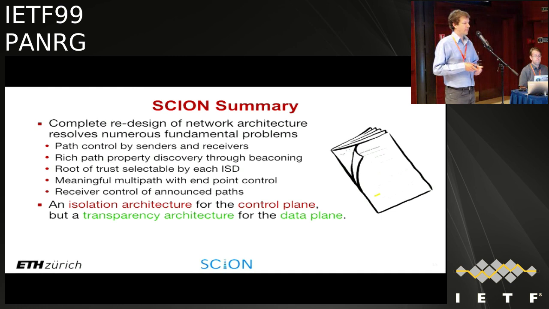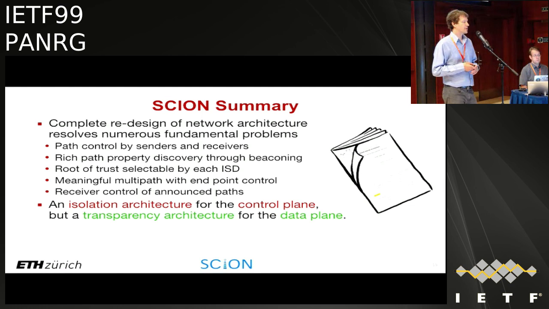We also have a rich environment of security mechanisms, such as trust roots that can be selected by each isolation domain, and a lot of transparency in how different authentication mechanisms work. There's meaningful multipath, where the endpoint can control the different paths, and also the receiver can control which paths senders can use to reach it, including the ability not to announce some of the paths and get a default-off behavior.